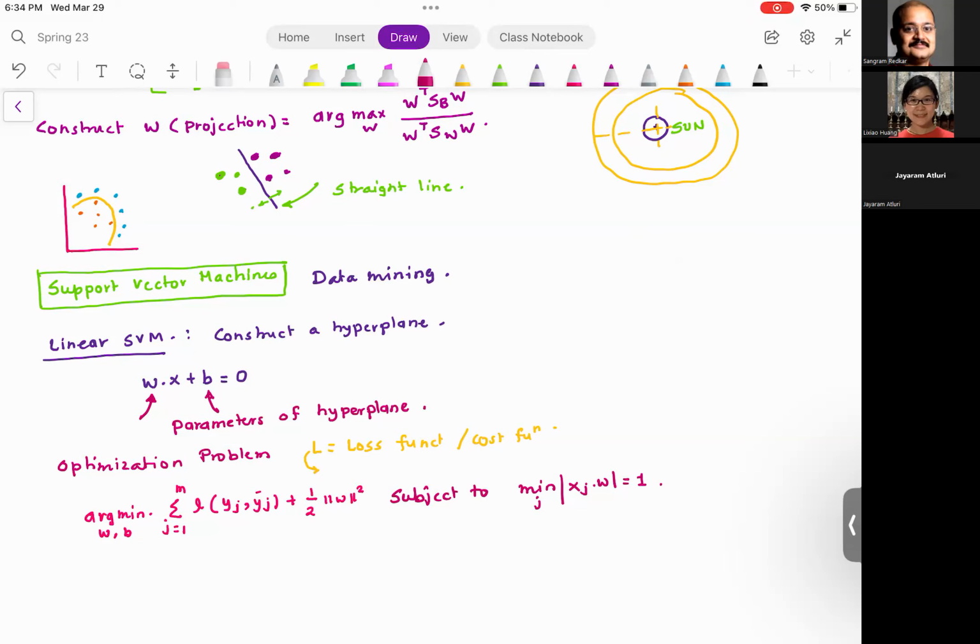And if you look at what happens, this is associated with the label.